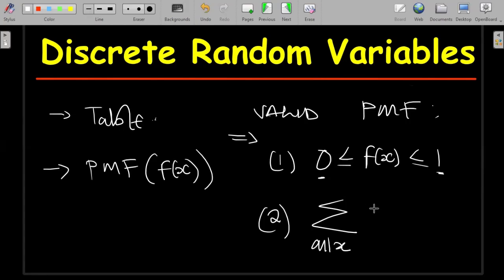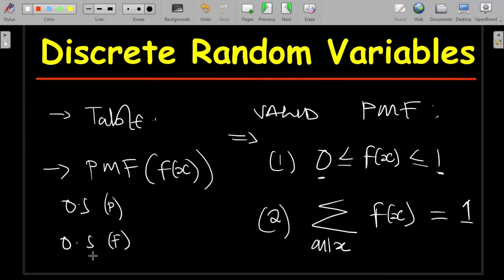The second one is that when you sum all the probabilities for all the values of x that you're considering, the total should always be 1. Why? Because the total probability is always 1. For example, if the probability of you passing a test is 0.5, then the probability for failing should what?